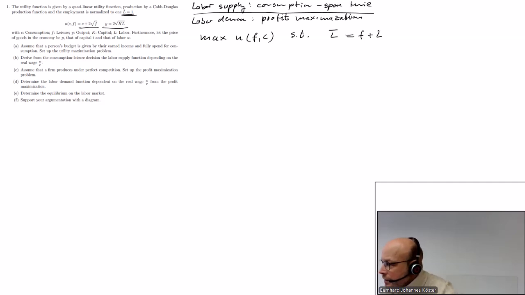And the other restriction was that all our labor income we are spending for consumption. This means W times L equals P times C. So this is labor income and consumption.